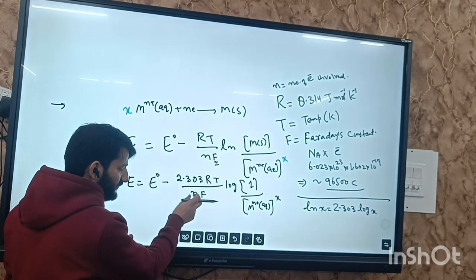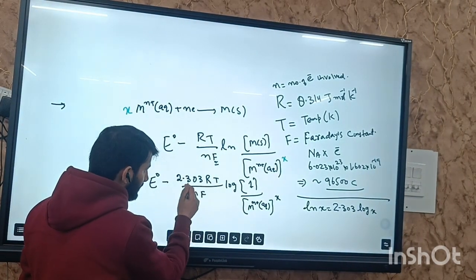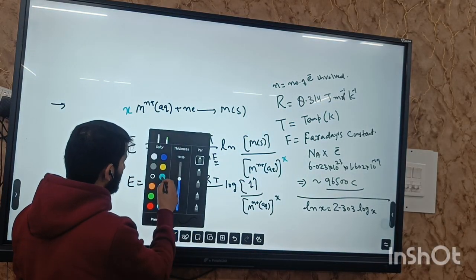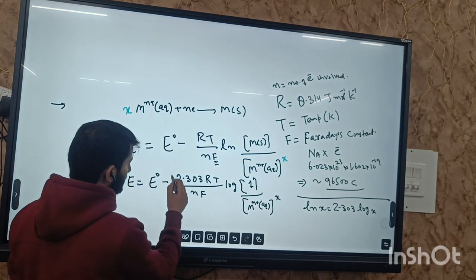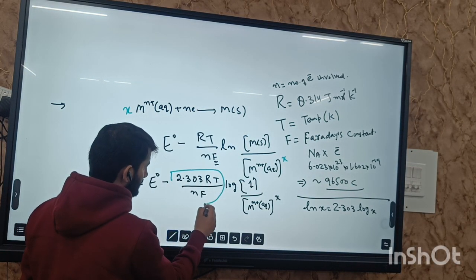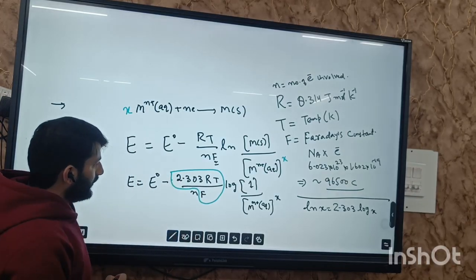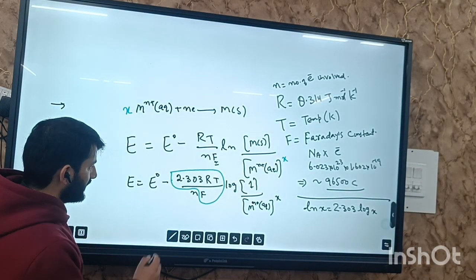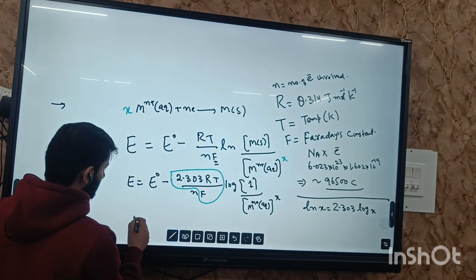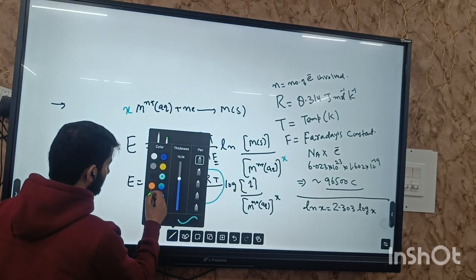Since this can change, but all of this other part is constant, if we take temperature 298 Kelvin, this part comes out to be a constant.